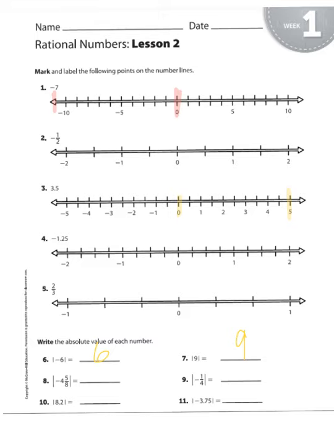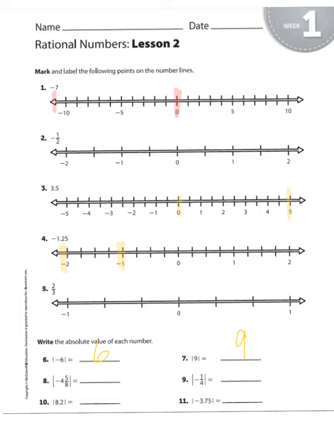Let me see. I'll do one example with you for your number line. Let me see which one I want to do here. Let's take a look at number 4, a negative 1.25. Okay, so I have a whole number. I have negative 1 here. So on number 4, my answer is going to be in between the negative 1 and the negative 2 because I have that whole number of 1 that comes before the decimal point.